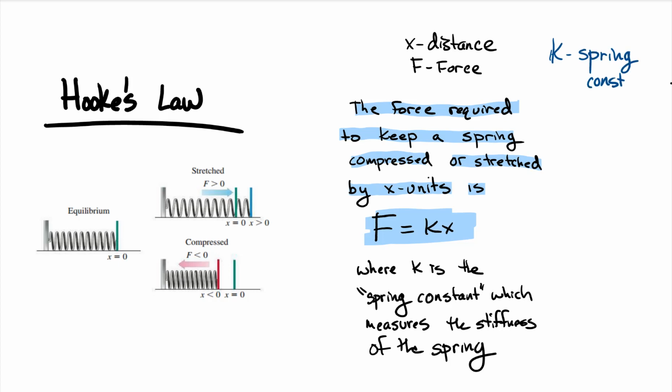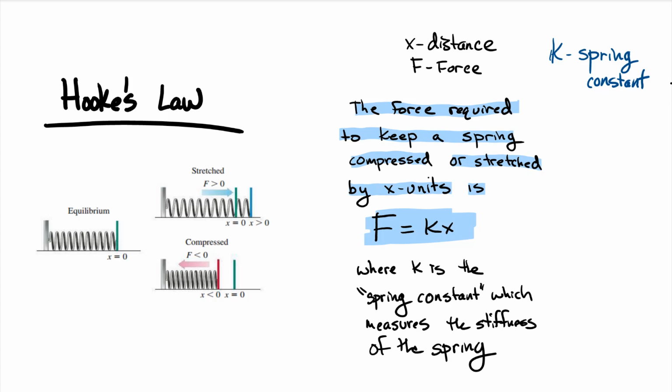Not all springs hold to Hooke's Law, but any spring we discuss in this class will follow Hooke's Law. K is the spring constant, which measures the stiffness of the spring.